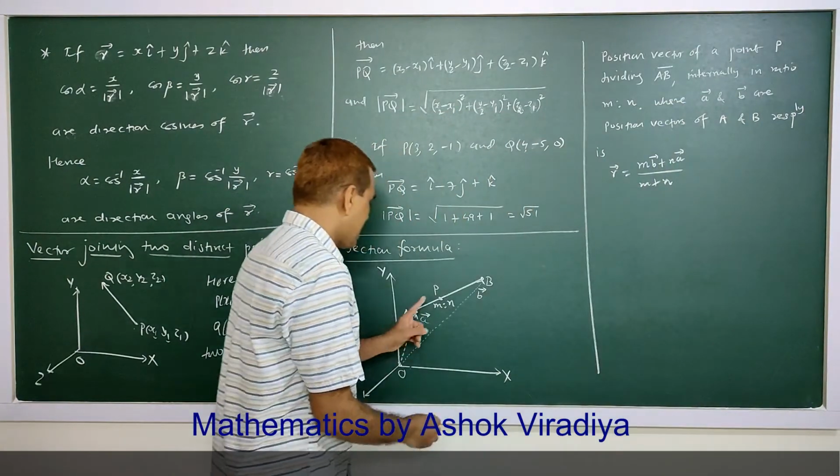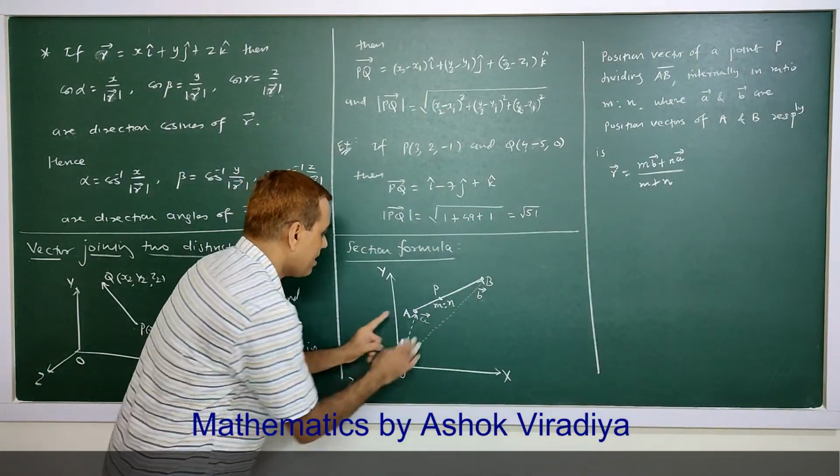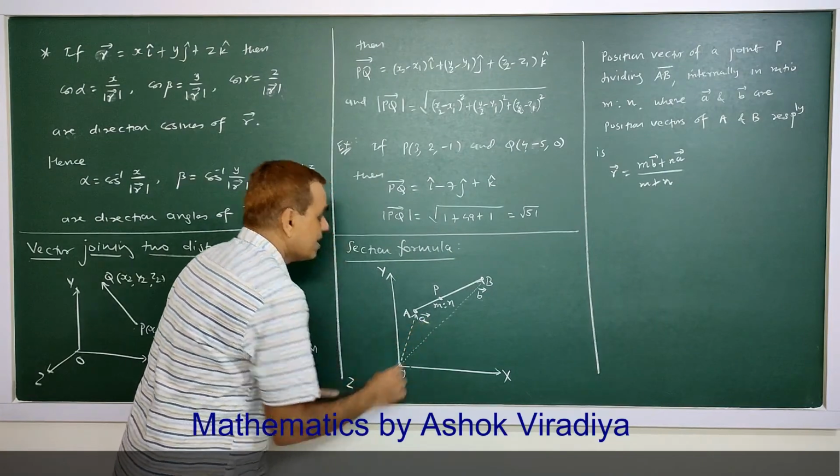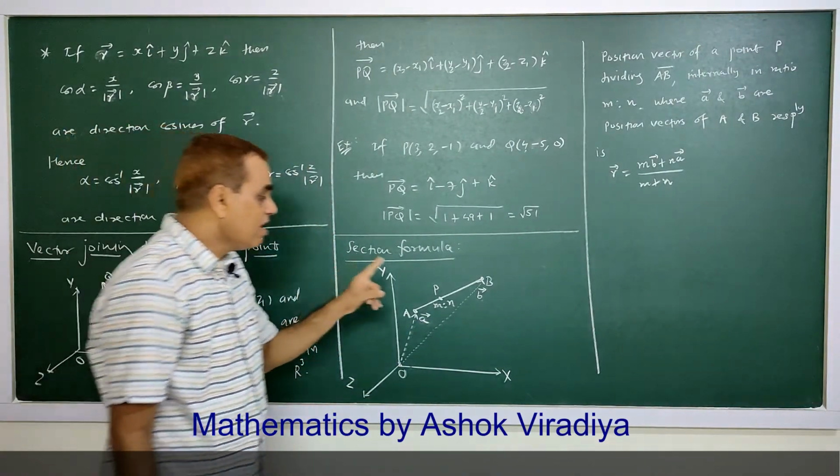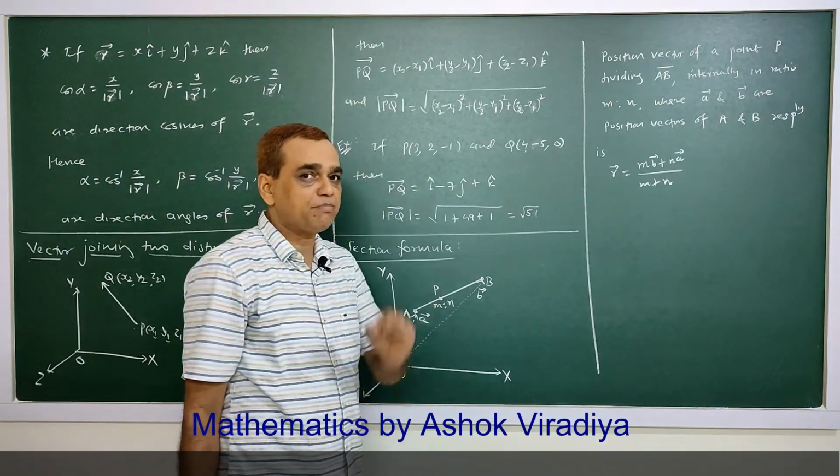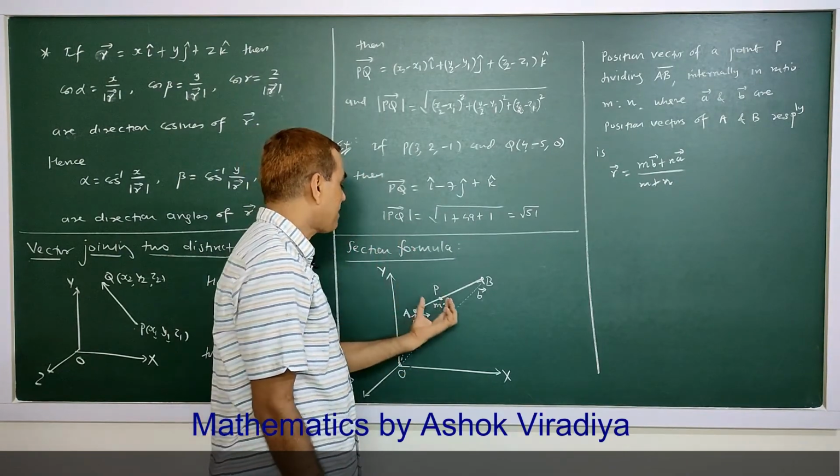Section formula: mb bar plus na bar upon m plus n, that is the position vector of this point P if P divides internally in ratio m is to n.